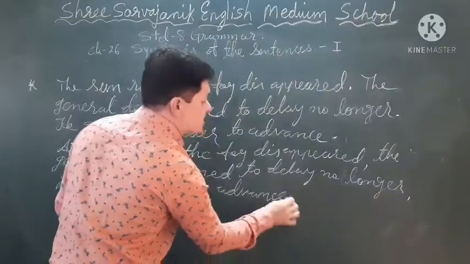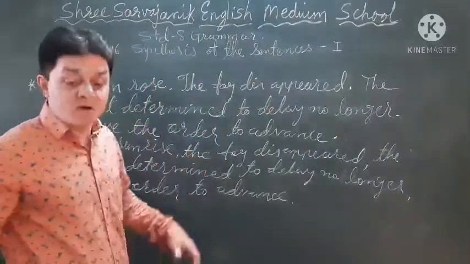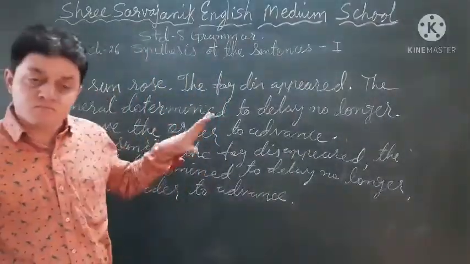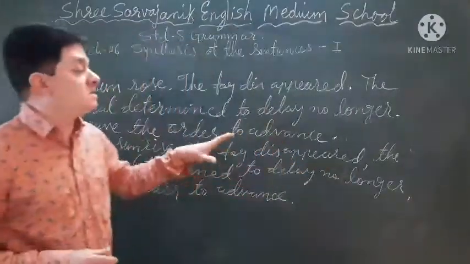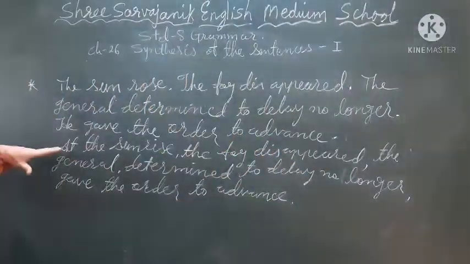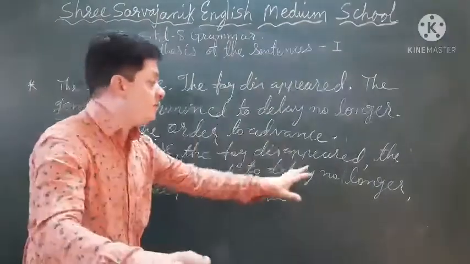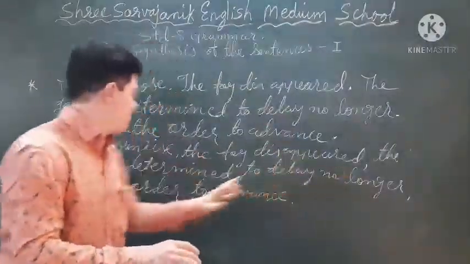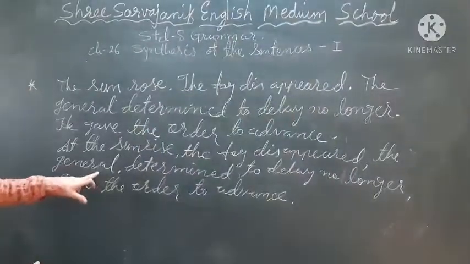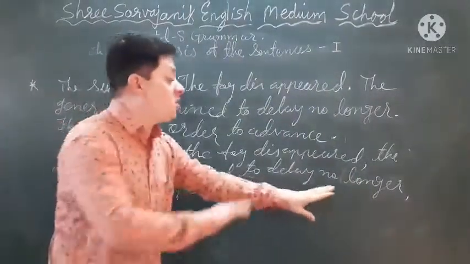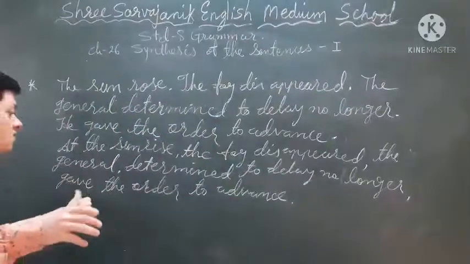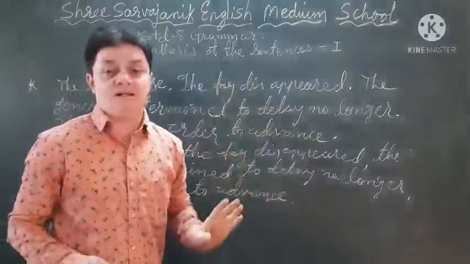By using different conjunctions also you can do all these things. But here in your first part a simple way of synthesis is given. At the sunrise, the fog disappeared. The general, determined to delay no longer, gave the order to advance.